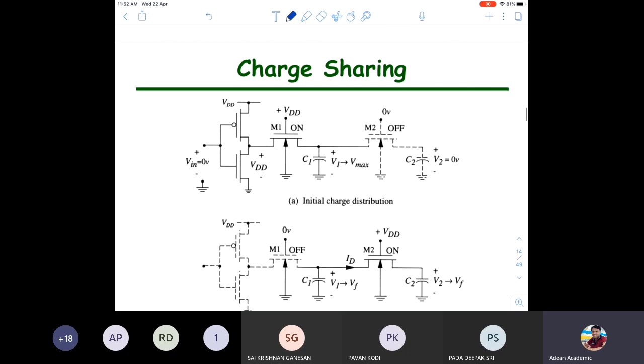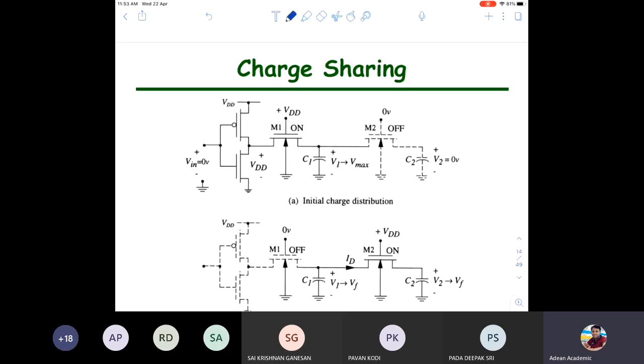In the first stage, the initial charge distribution, M1 is on and M2 is off. When M1 is on, the capacitor C1 is charged to V1. V1 is nothing but Vmax, and Vmax is nothing but VDD minus VTN. We have already seen this in the previous concept, the charge leakage concept. C1 holds the maximum voltage when transistor M1 is on.